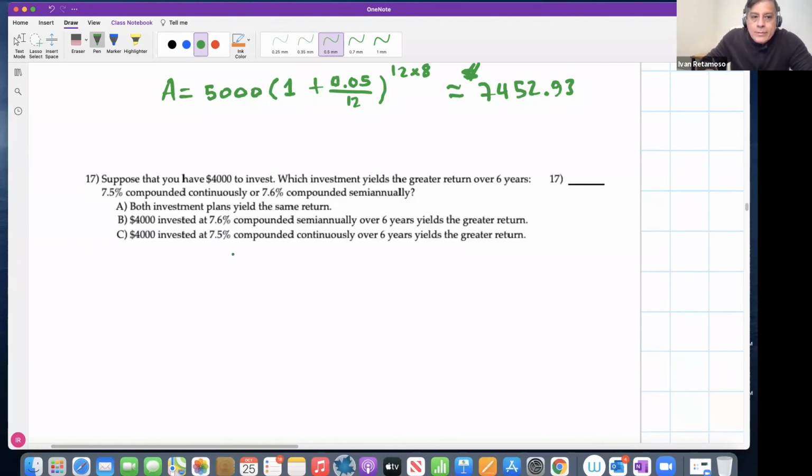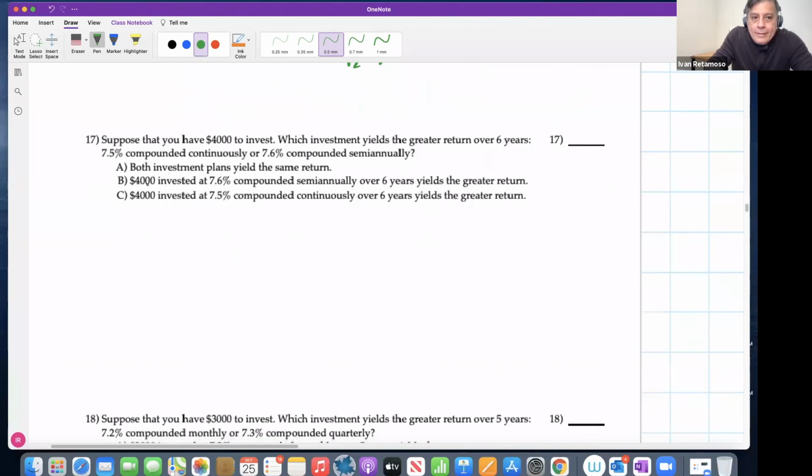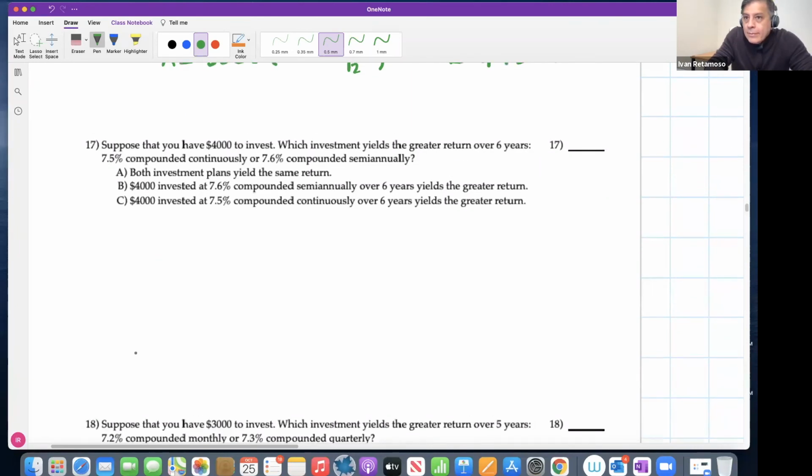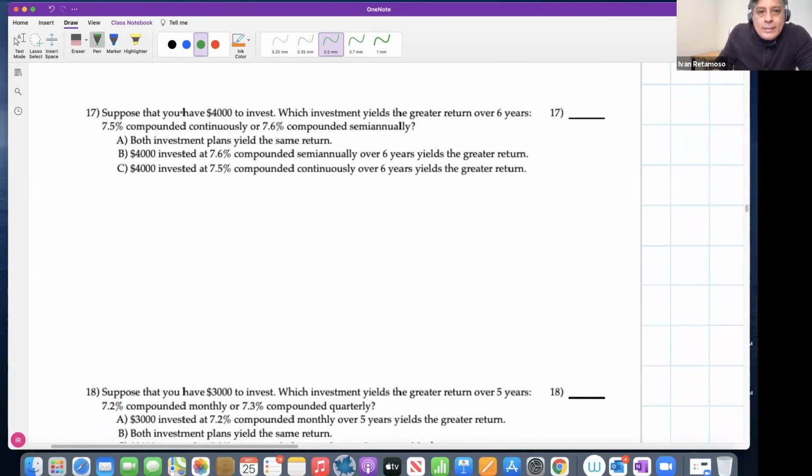In this question, I'm going to do this one for you, and probably I will let you do number 18. It says, suppose that you have $4,000 to invest. Which investment yields the greater return over 6 years? 7.5% compounded continuously or 7.6% compounded semi-annually? This is the choice.